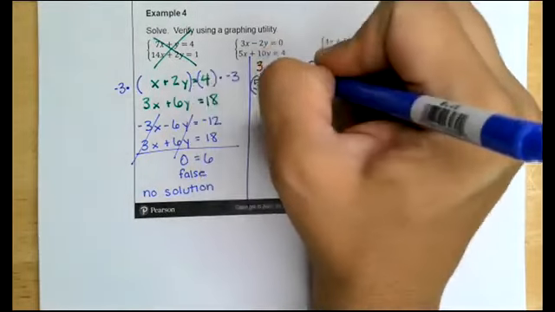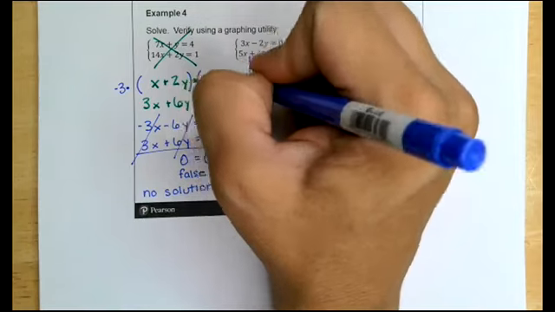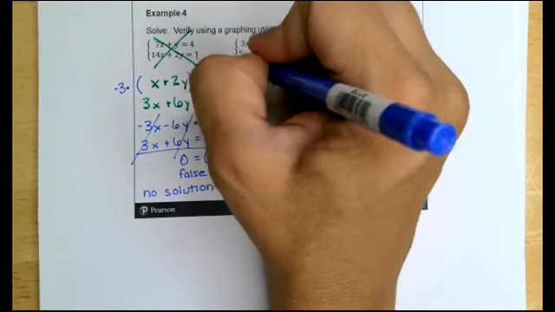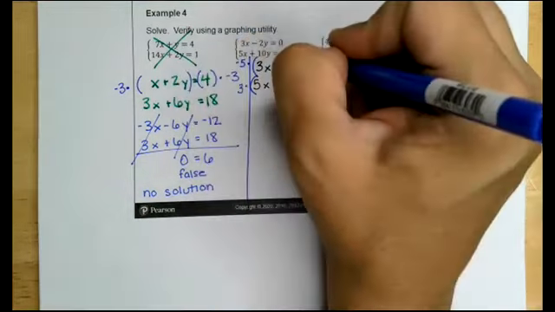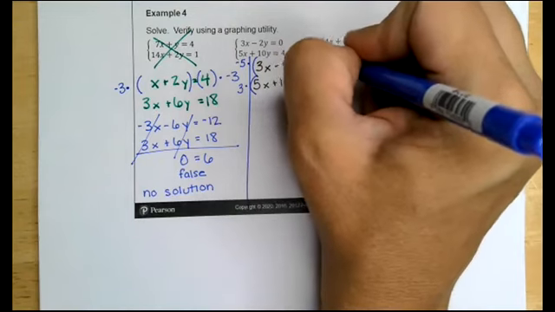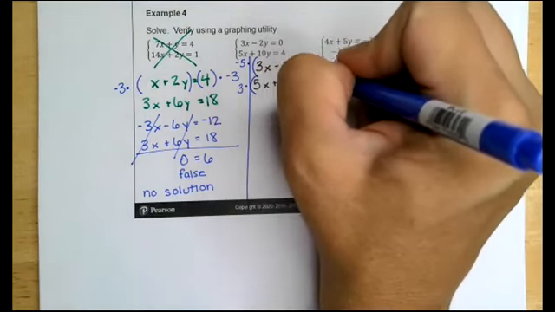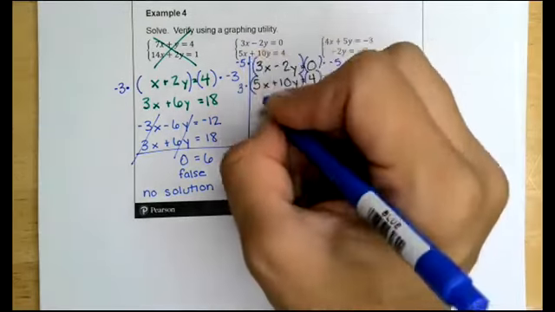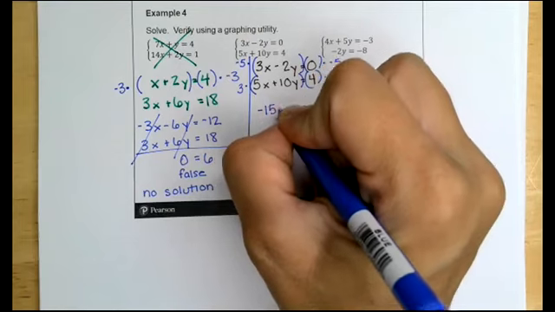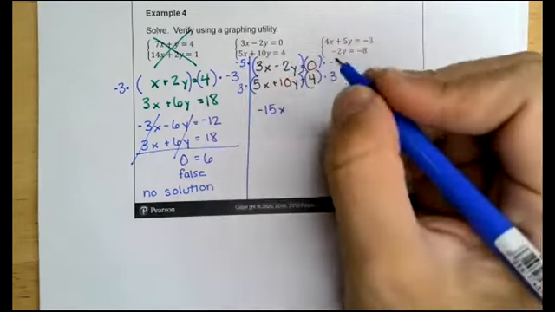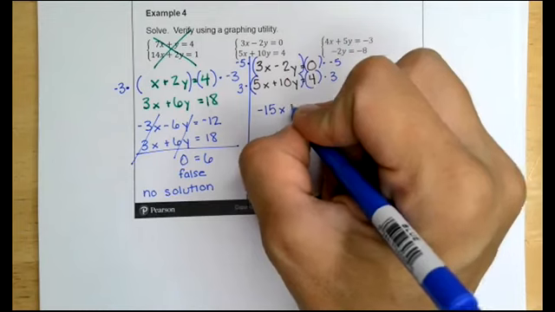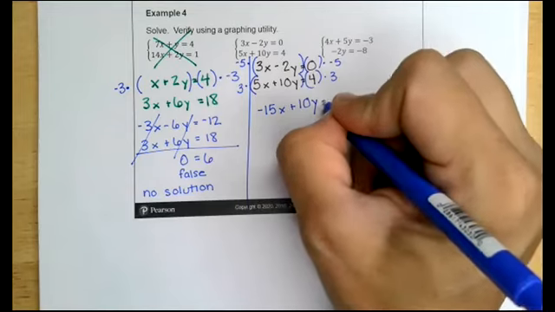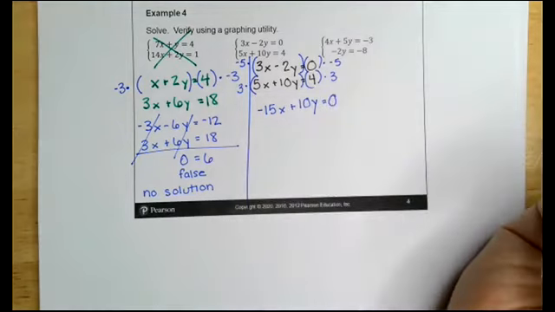So I will multiply that by 3, and I will multiply this by -5. Running out of space. All right, -5 times 3x is -15x. -5 times -2 is a positive 10y equals 0 times -5 is 0.